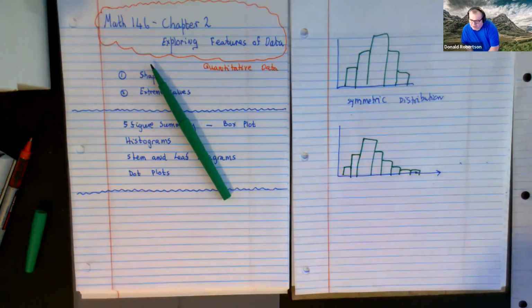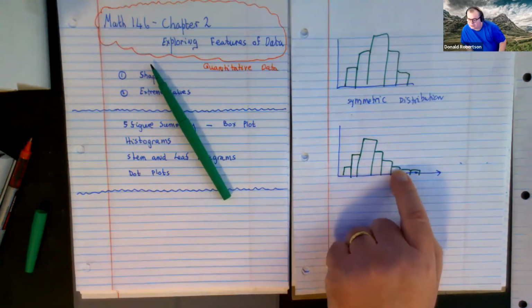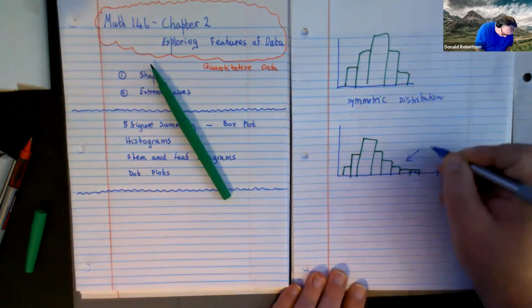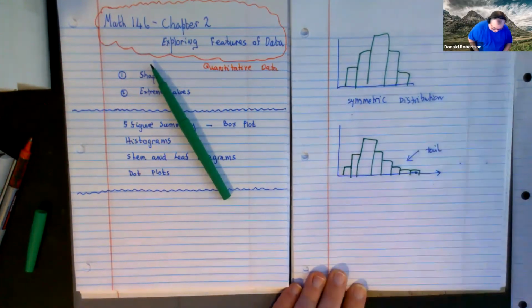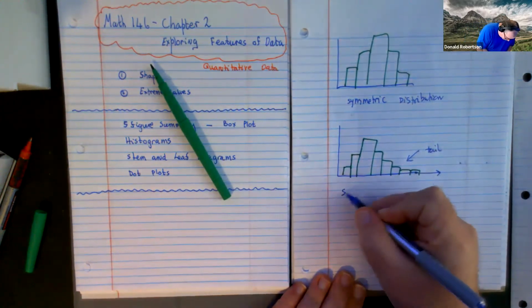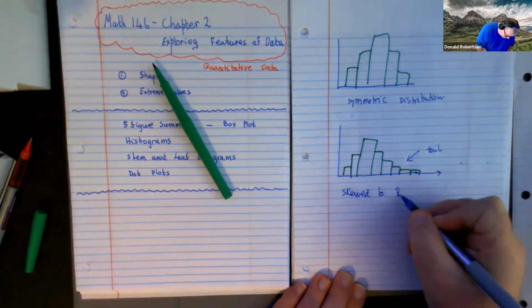Wouldn't this be a company that had a lot of young people? Young, relatively speaking. But there is a long, what we call the tail, right? And it's got a long tail, and this tail is to the right. This is called skewed to the right.